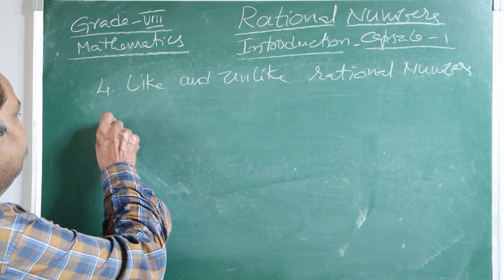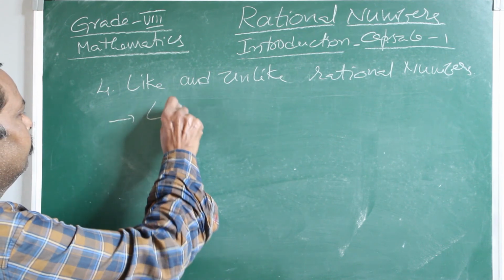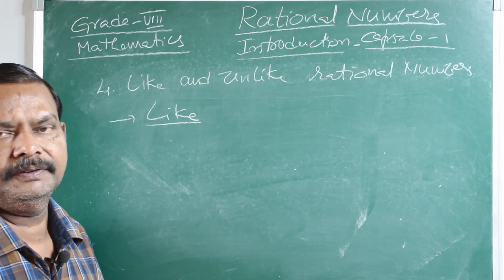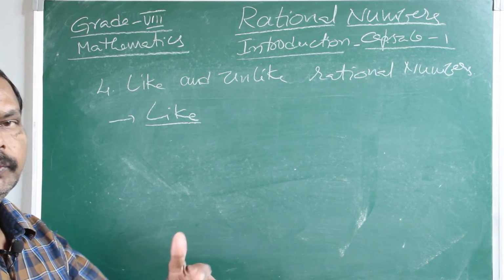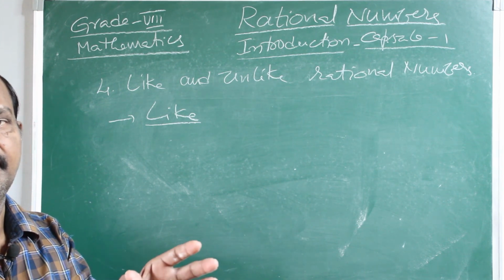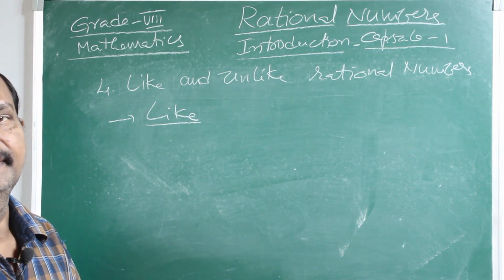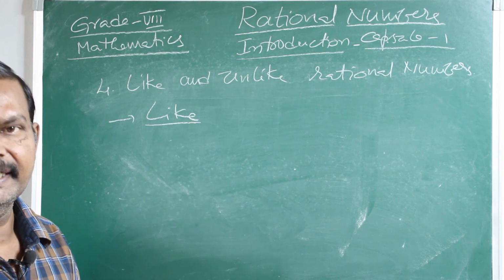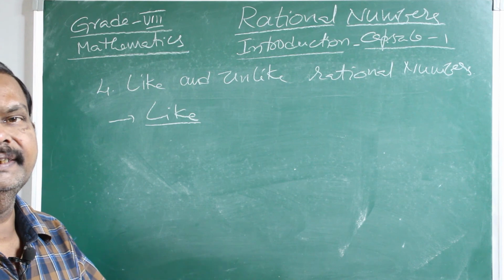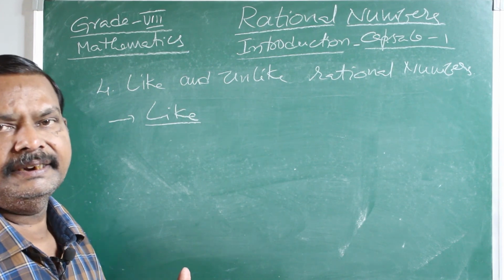First of all, let us see what like rational numbers are. Let us take two or more rational numbers. If all the rational numbers have the same denominator, then they are called like rational numbers. If the denominators are not the same, you can say they are unlike rational numbers.